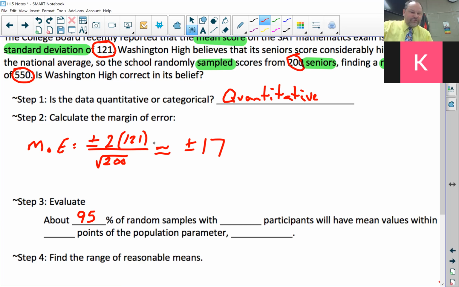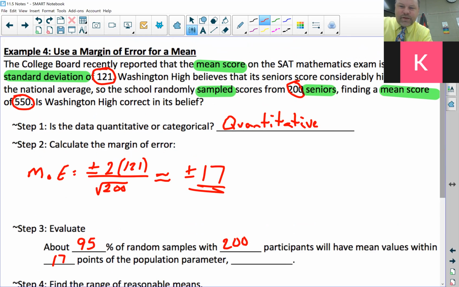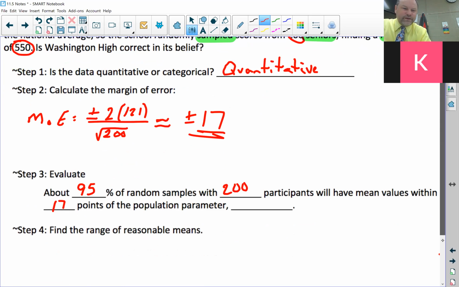So about 95% of random samples with 200 participants will have mean values within 17 points of the population parameter. And so the population parameter is the average SAT mathematics score of 508.